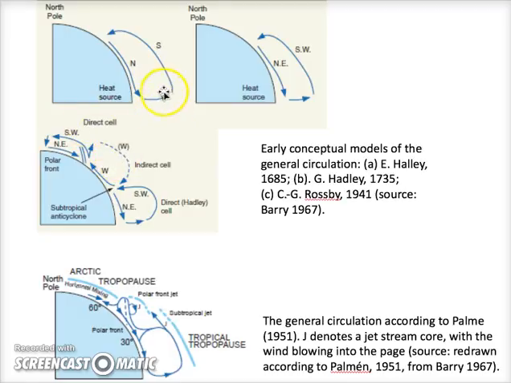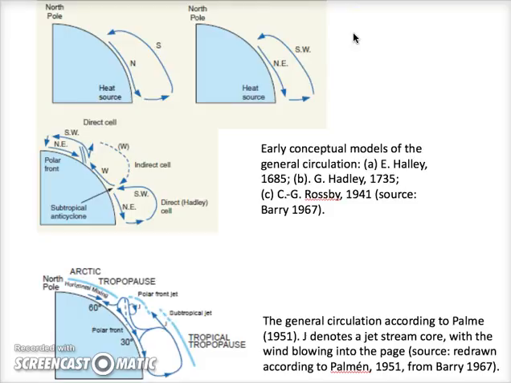Air rises and flows poleward and sinks as it cools to return equatorward. In 1735, George Hadley improved on this by noting the effects of the Earth's rotation in deflecting the flows to the right in the Northern Hemisphere. However, the scheme overlooked the westerly wind belts.